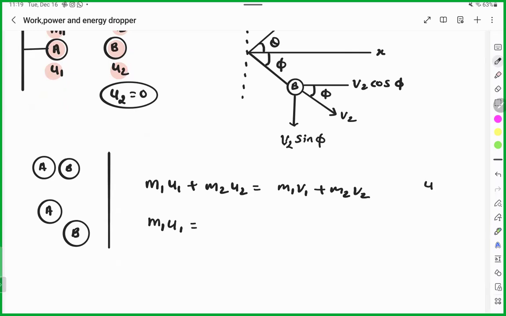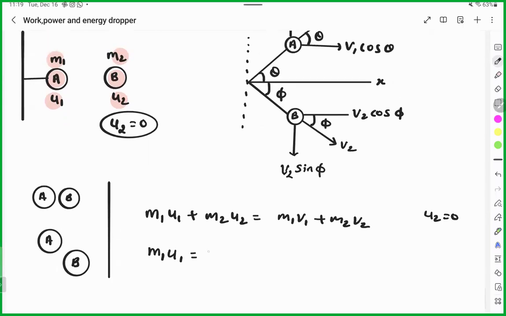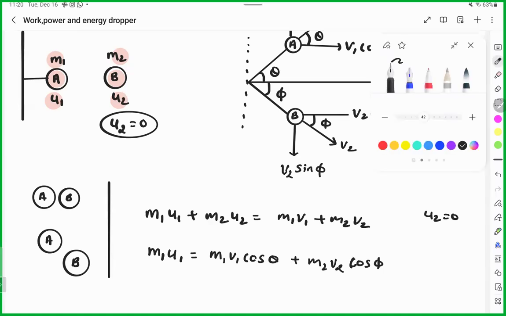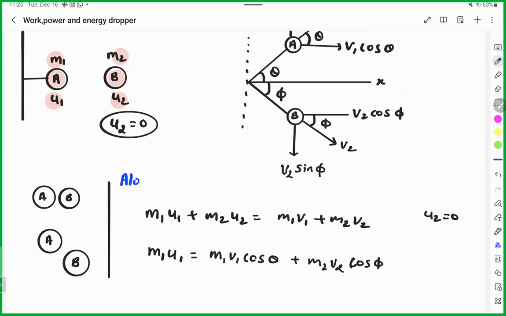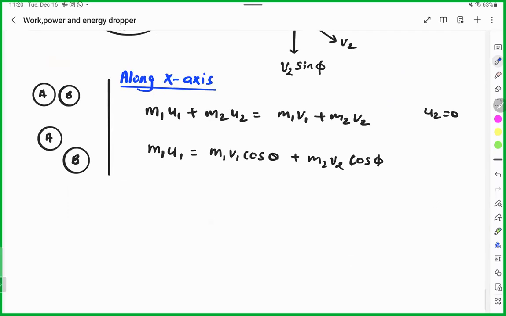If you see along the x-axis, it will be m1v1 cos theta, and m2v2 cos phi. Yes or no? Any doubt?